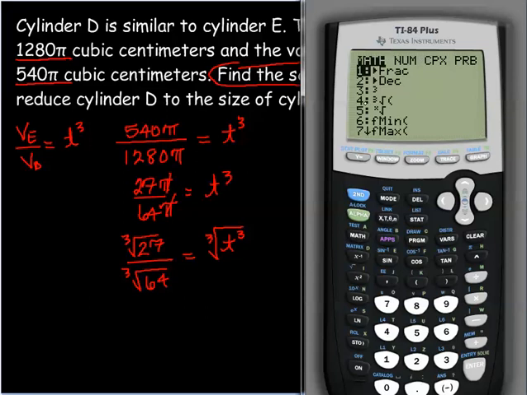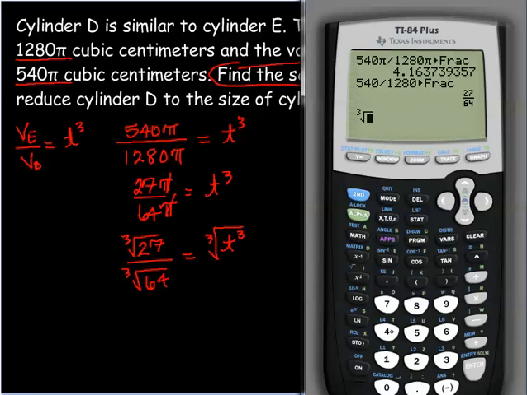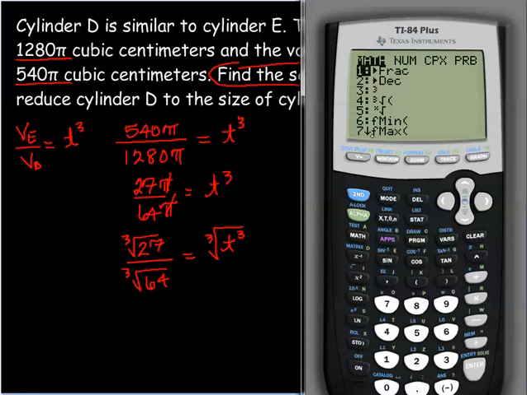Number 4 says cube. So I'm going to say 4, then type in 27, and hit enter. So 27 cubed is 3. Now let me do that, number 4, for 64, and hit enter. And that is 4.